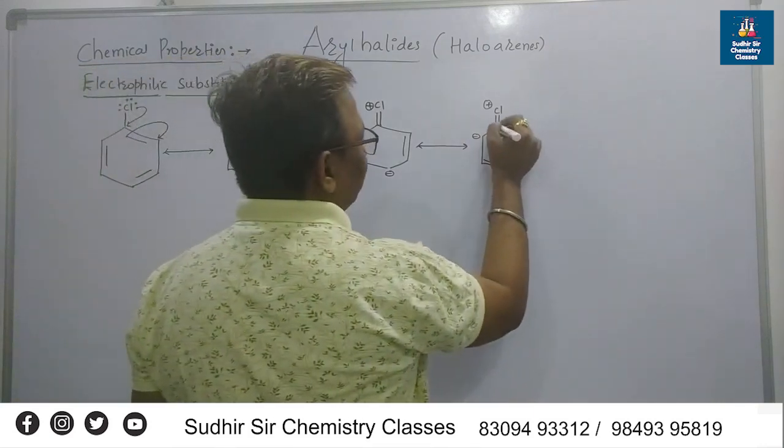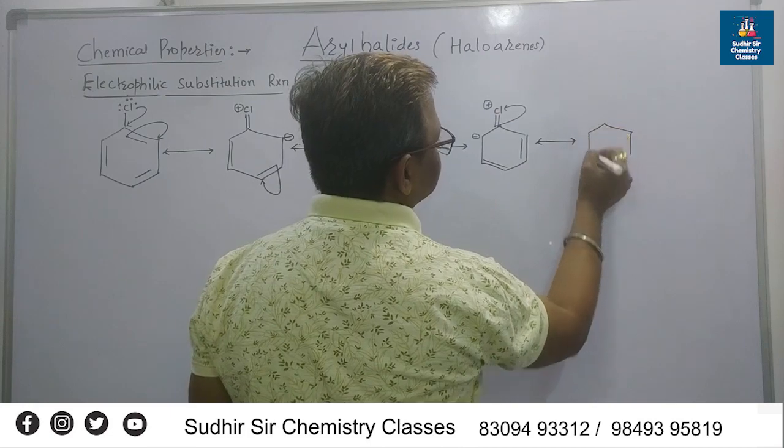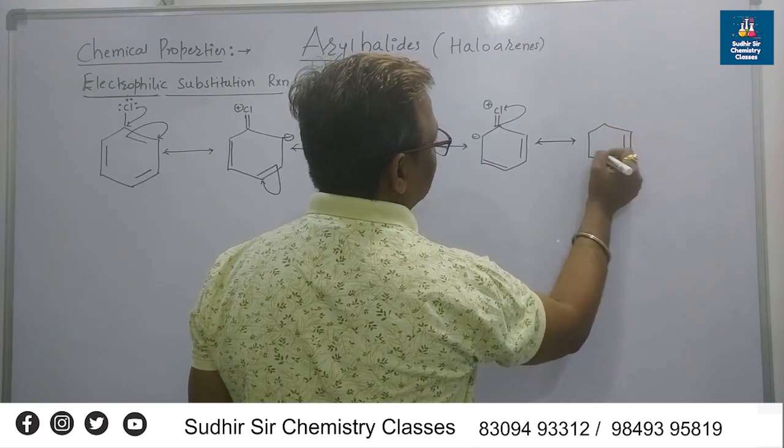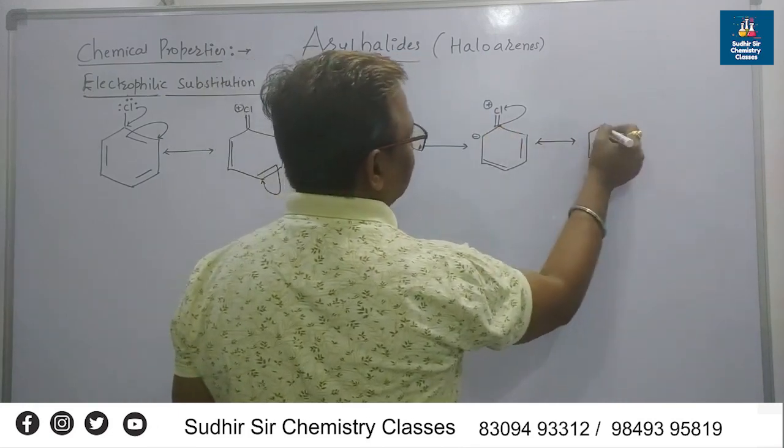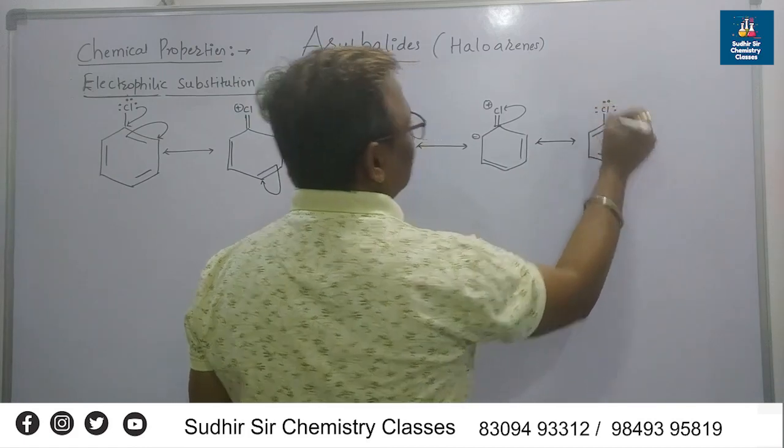Now this pi bond shifts back to chlorine, and the resonating structures will come in this way, 1, 2. Positive, negative will make the pi bond, and then Cl, which has 3 lone pairs.